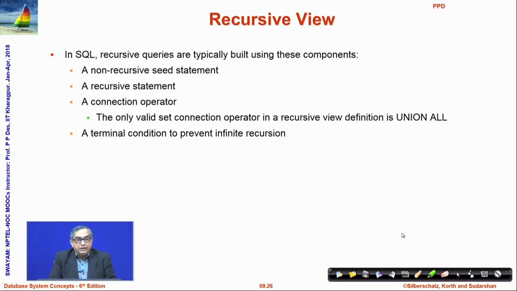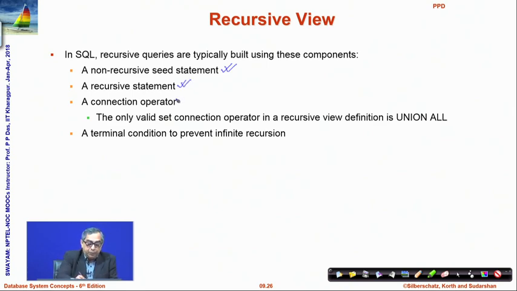Now, moving to recursive views, the views where the same relation can be used in the view to define another view. Like every other recursive structure, we need first a non-recursive statement, which is called the seed statement. We need a recursive statement which can recur.